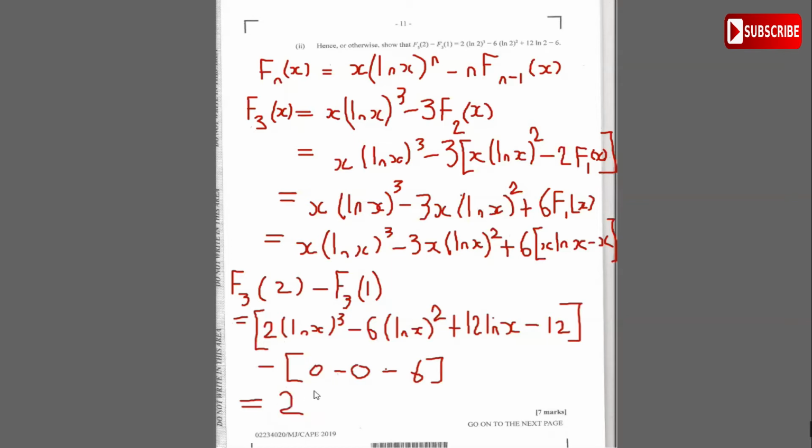So all of this works out to just be 2 (ln x)^3 minus 6 (ln x)^2 plus 12 ln x minus 6. So proving this question nice and easy, a capital T. Nice. This is proven.